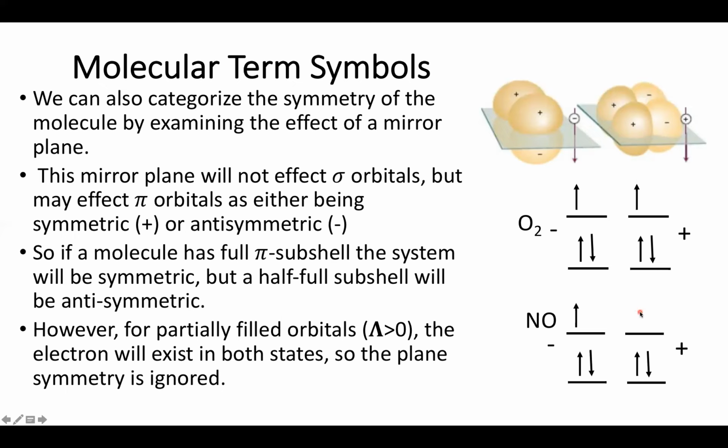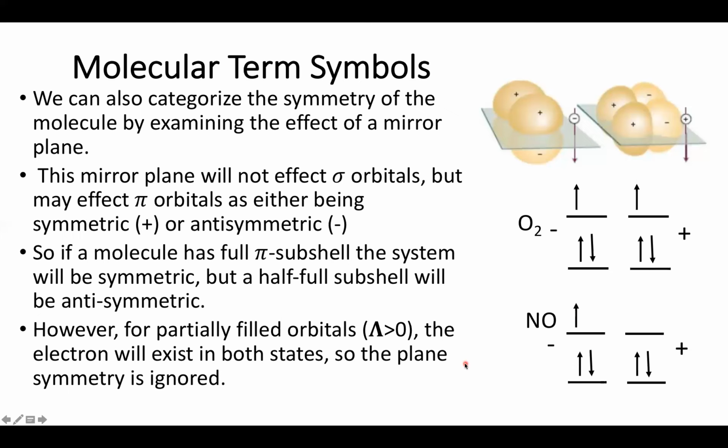And as a result, it's pretty much 50-50, also known as a linear combination, so it's both. So I can't clearly assign planar symmetry for these systems. So this is going to be one of the notable cases where I can drop the inclusion of a symmetry element if it doesn't obey. So anytime you have a lambda that isn't sigma, you won't see any inclusion of planar symmetry in your term symbol.